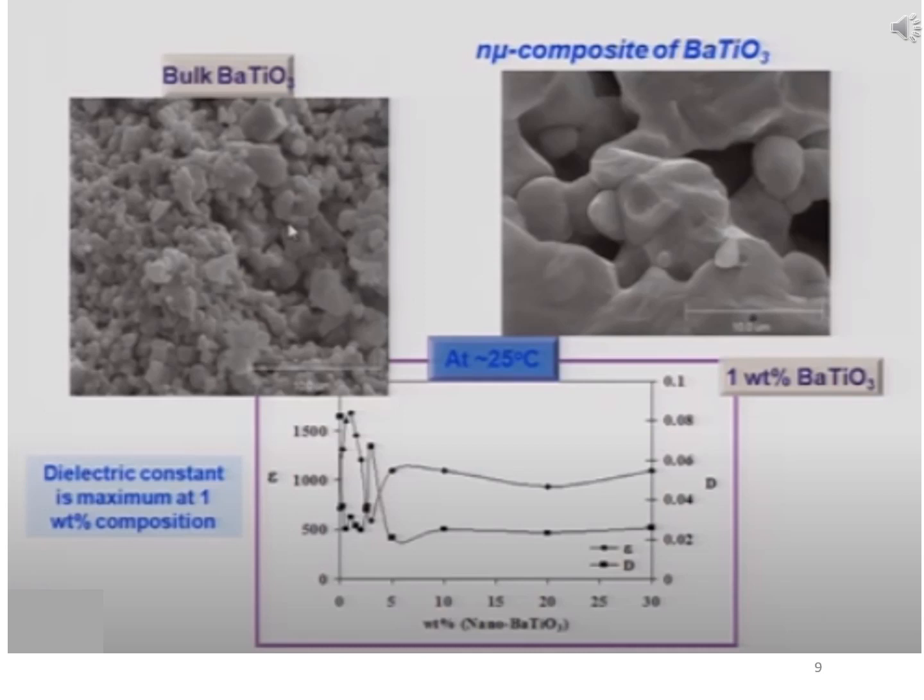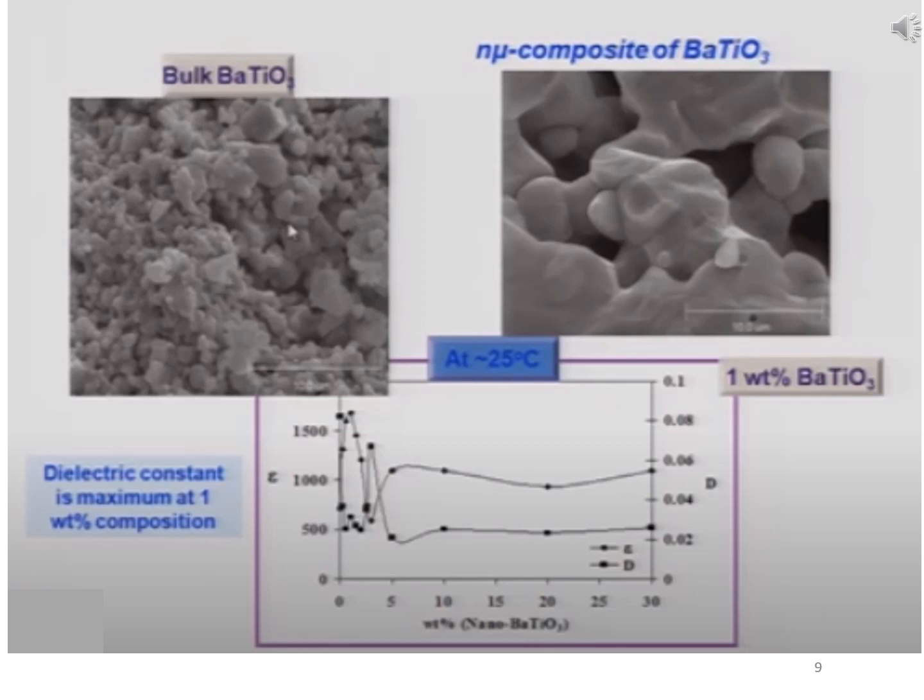Here you can see the spaces which are due to the first melting of the nanomaterials, and then they combine and form a grain. And in this, only 1% of barium titanate has been added.